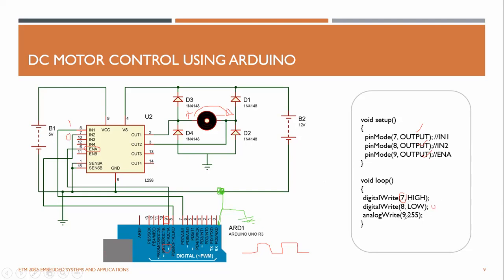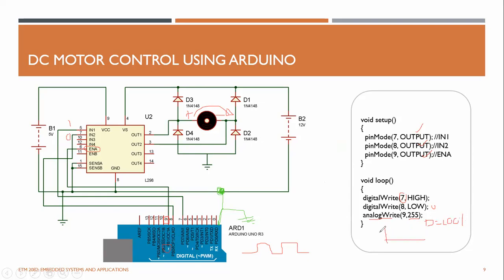Then I have written pin number 9, that is the analog, the PWM signal. Pin number 9 is a PWM channel. So I have written 255, which is a 100% duty ratio, which means the motor is fully turned on.